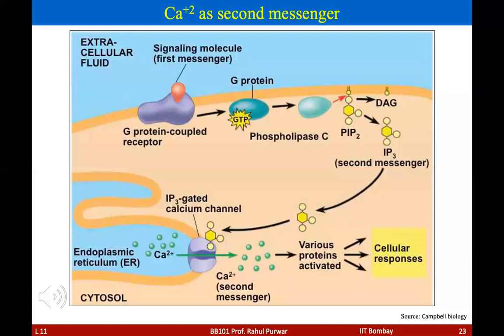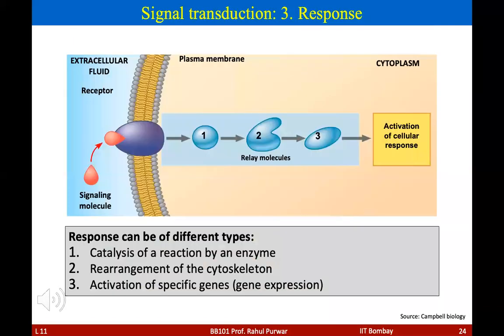So at least you should know what the different second messengers are and what their role is. Once the first messenger comes, then the second messenger, and then the relay molecule, and ultimately the cell responds. And cells respond in many different ways.